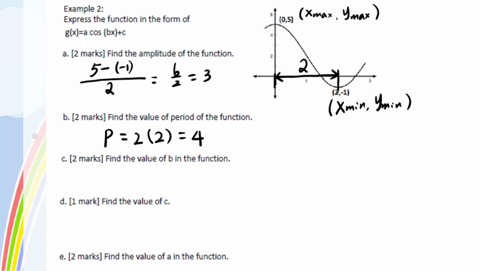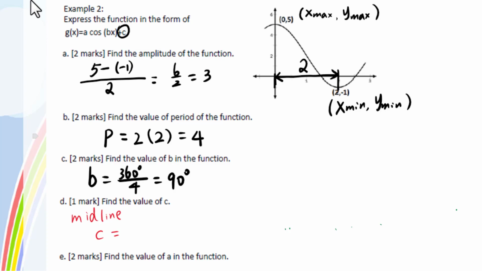Find the value of b in the function. B equals 360 degree over 4 equals 90 degree. Let's go to D. Find the value of C. The name of C is a midline, which means this C is a midpoint of Y maximum and Y minimum.